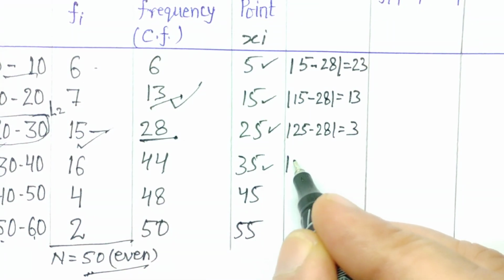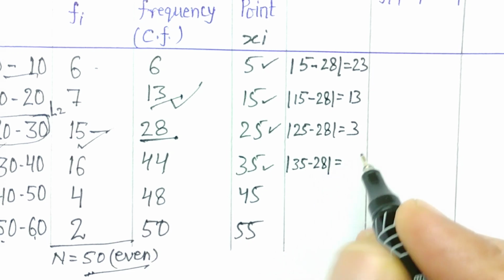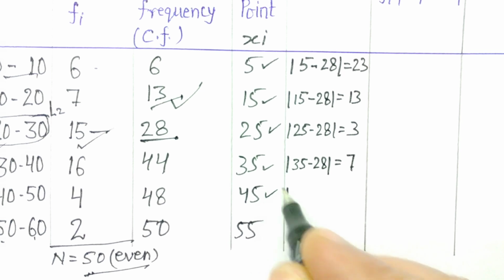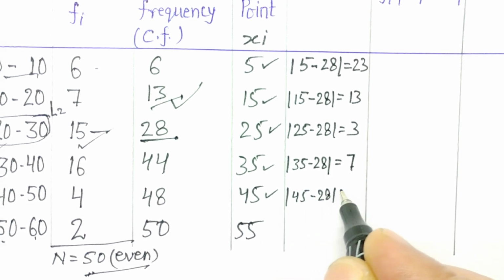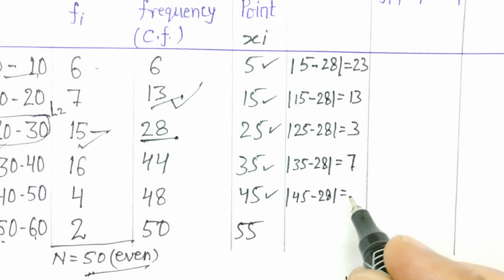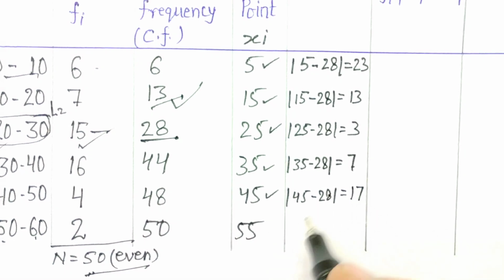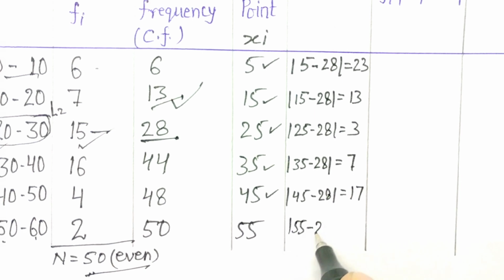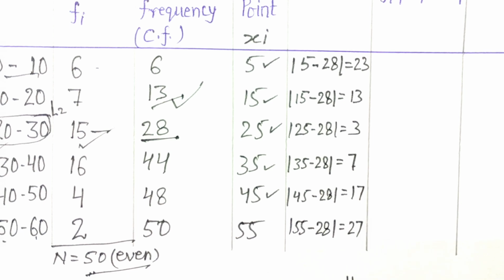Then 35 minus 28 is equal to 7. 45 minus 28 is 17. Then 55 minus 28 is equal to 27, right?